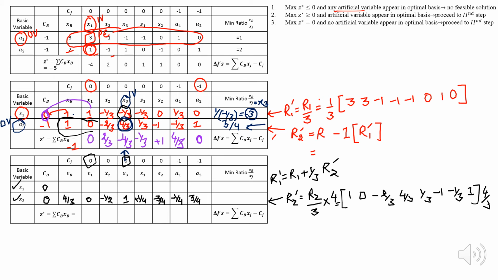By applying that you will get the elements as 5 by 4, 1, minus 1 by 2, then 0, minus 1 by 4, 1 by 4, again 1 by 4, here also it's 1 by 4.